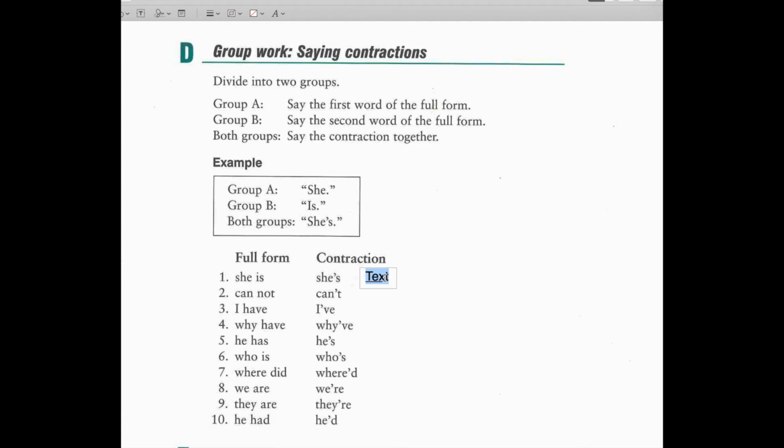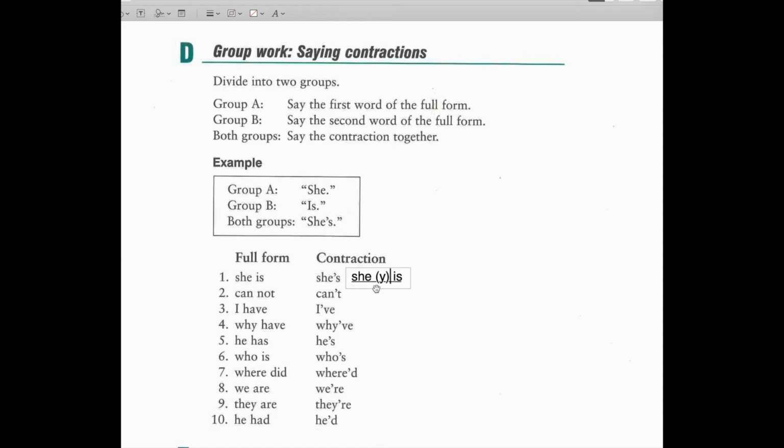For example, for she is, we would link the E in she to the I with that particular, if you remember, we called it a glide sound. She is. She is. So in a way, a contraction is a further opportunity to shorten the rhythmic time of those particular groups of words.